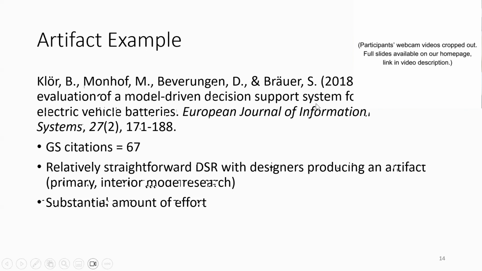So this was a model-driven decision support system for repurposing electric vehicle batteries. Bit of a mouthful, that title. It's relatively straightforward design science research with the designers producing it themselves. So it was a primary study and it was interior mode research. The people who produced it also evaluated it, and it was a lot of effort.